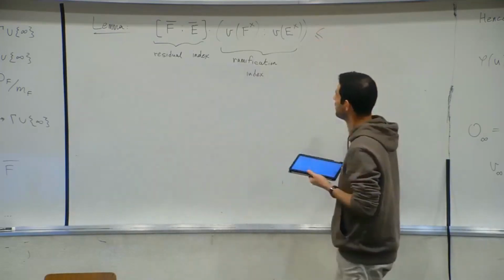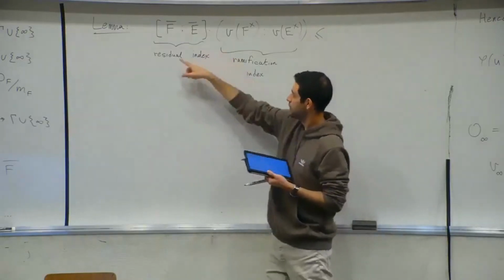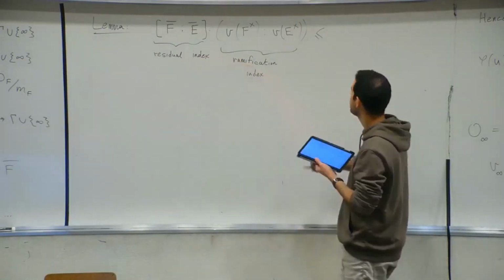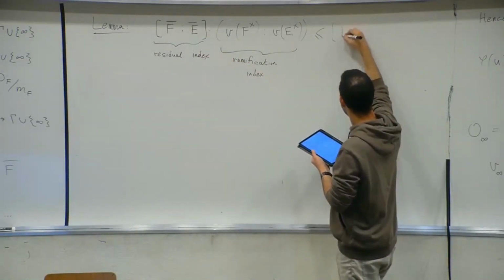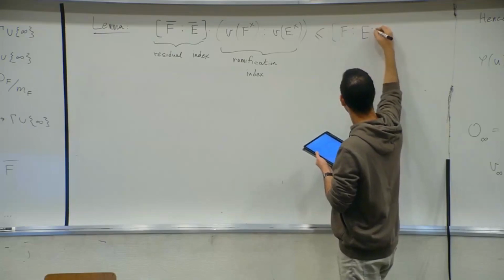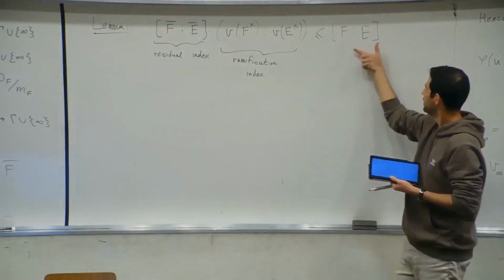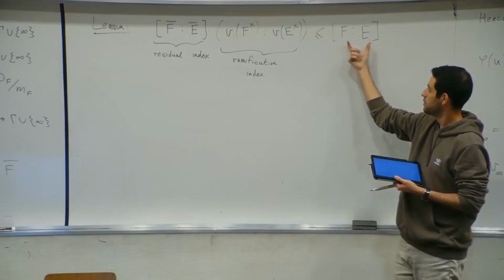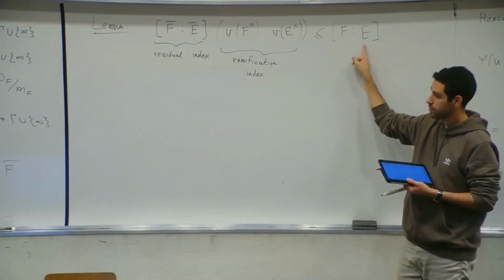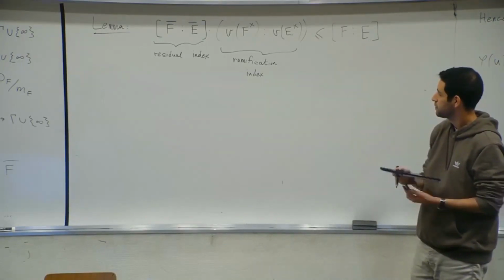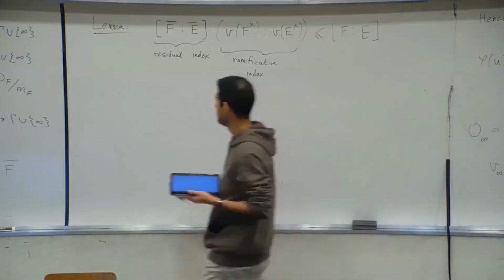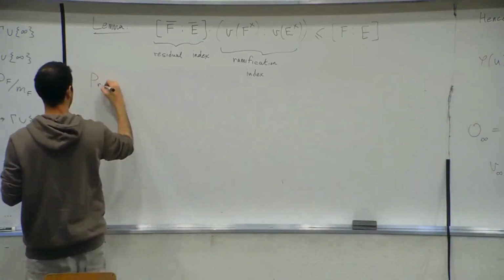And the lemma says that the product of the residual index and the ramification index is at most the degree of the extension F over E. So this is what we are going to prove.